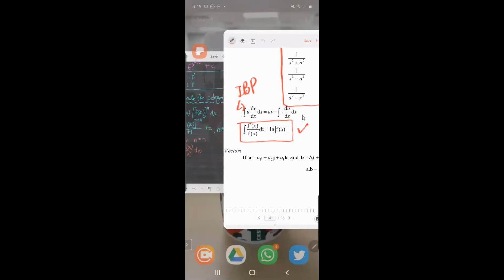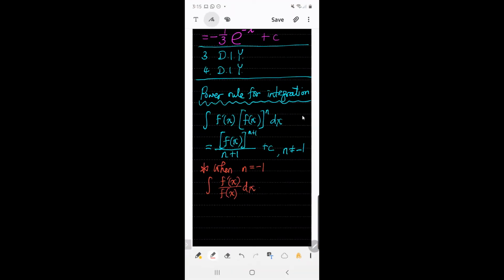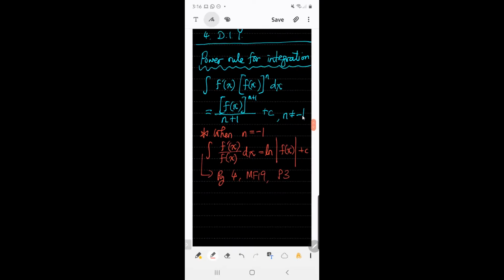So this is equal to ln modulus of f of x plus c. So this is the situation when n is equal to negative 1. This is on page 4 of MF19. In fact, you learned this in P3. It's the P3 formula.